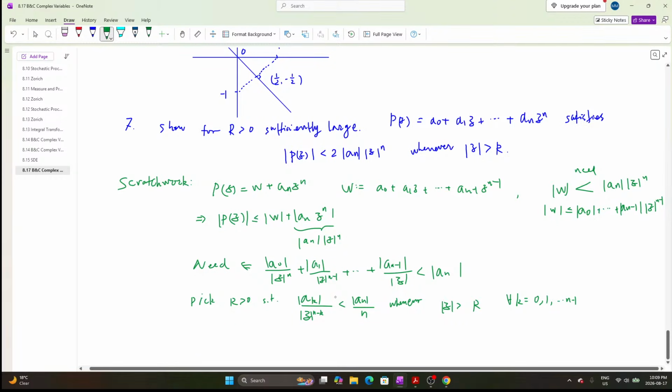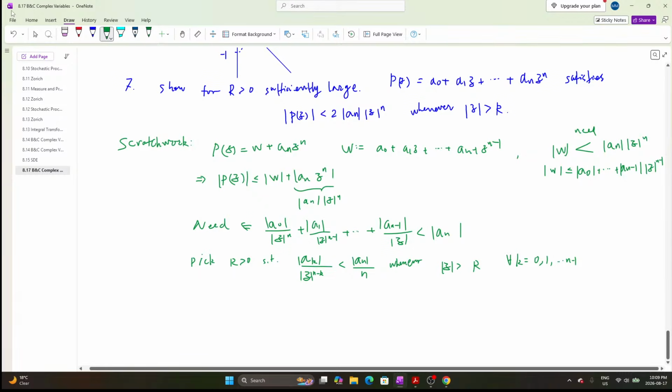Okay, and that's it. That's our scratch work, and you can now write the proof forward. This sort of proof is very similar to the epsilon-big-N, epsilon-delta kind of proof.